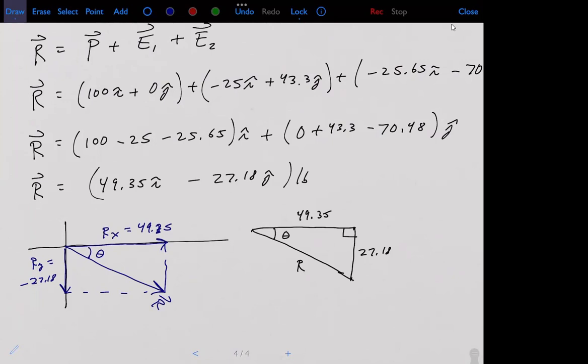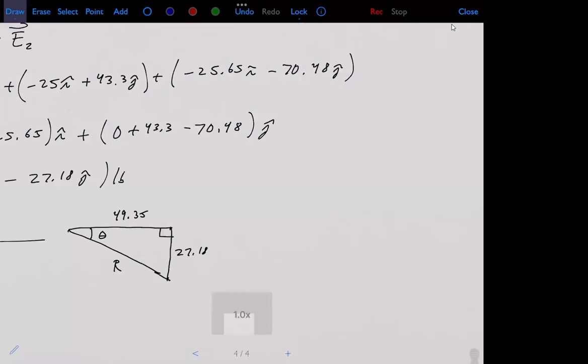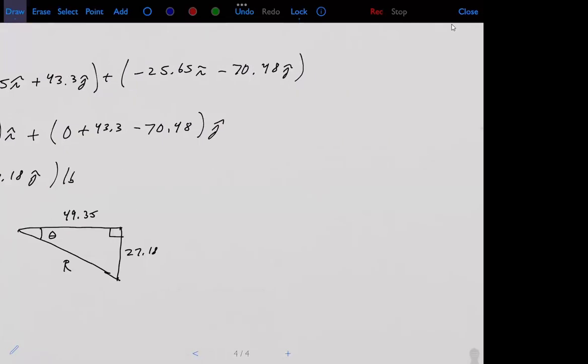So how do I find the magnitude? Pythagorean theorem, right? So I know R must be the square root of the x component squared, so Rx squared plus Ry squared. Just Pythagorean theorem, right? A squared plus b squared equals c squared, where c is R in this case.